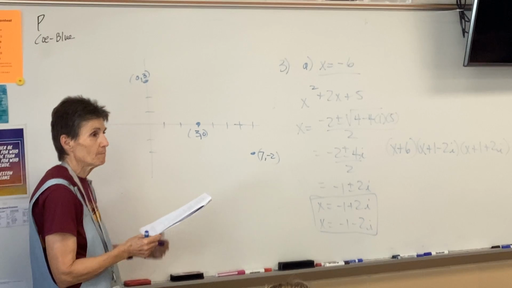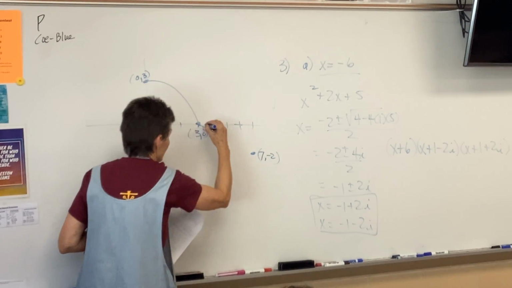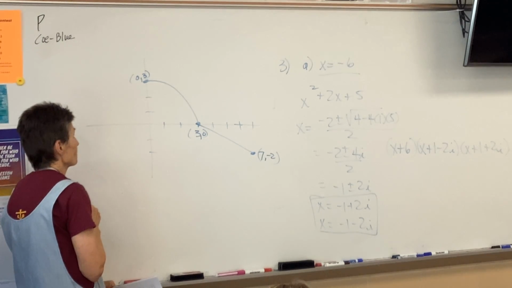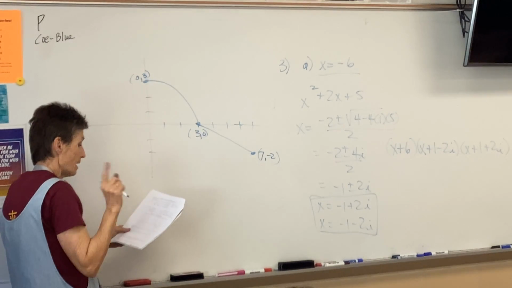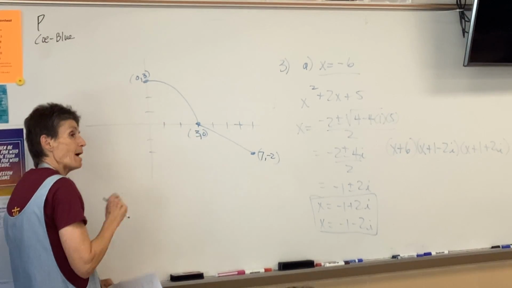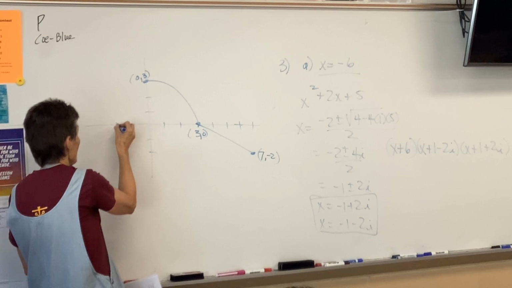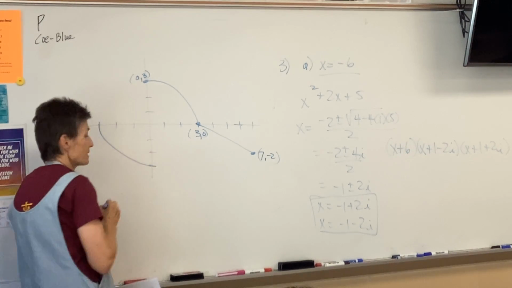All right, what's your thought? What's happening to this arc right here? Where's he going to end up if we are odd? That means we have symmetry about the origin. So won't that just end up over here like this?